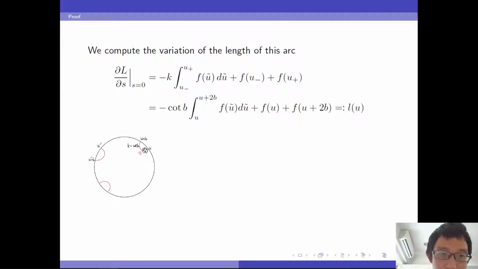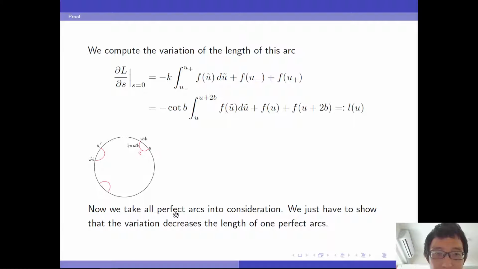So for each perfect arc, we have the following first variation. Suppose we have another perfect arc labeled by u prime, then we will get something like L of u prime.